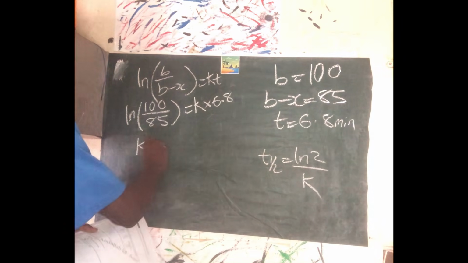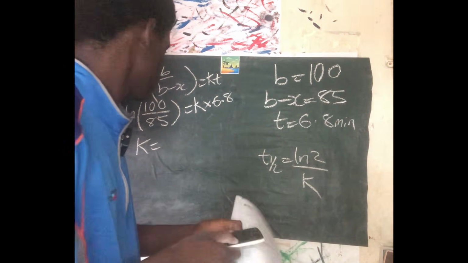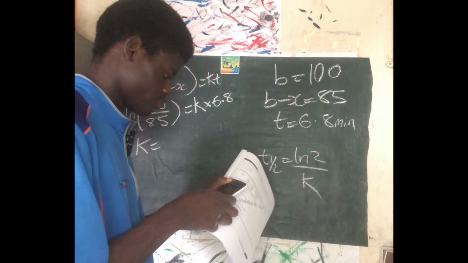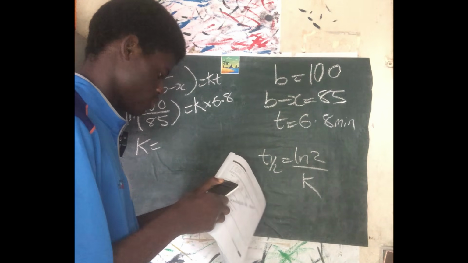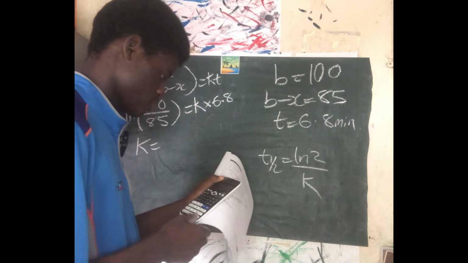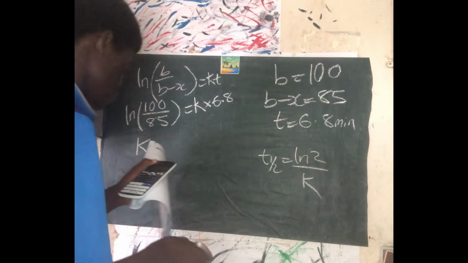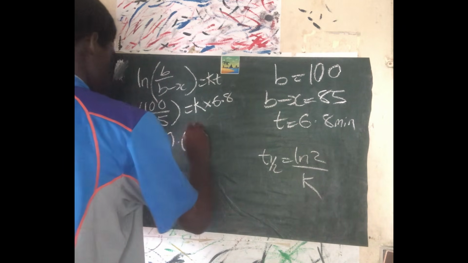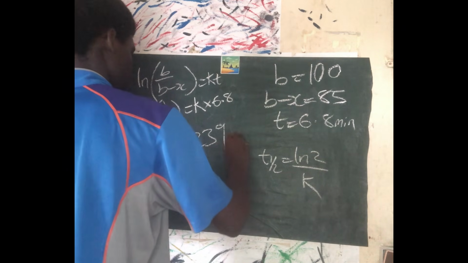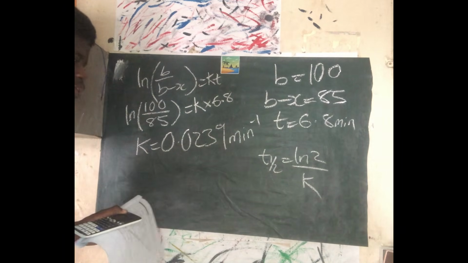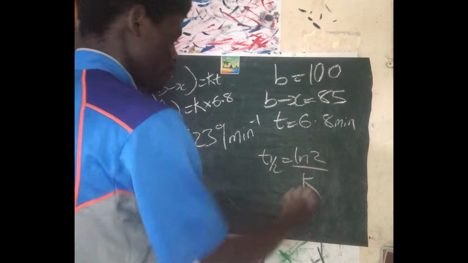So k will be ln of 100 divided by 85, divided by 6.8. That will be 0.0239 per minute. So that's the value for k. But we have to find half-life, not k.